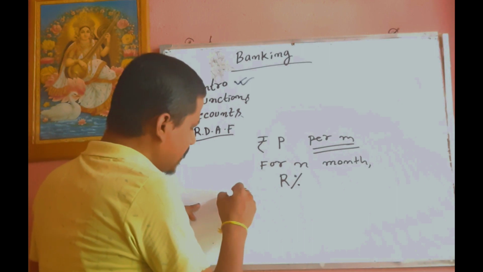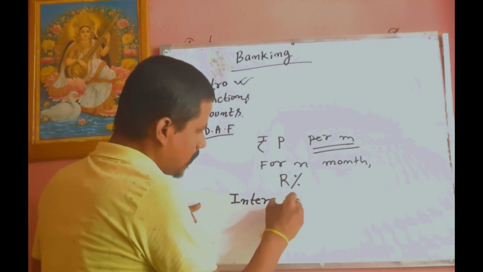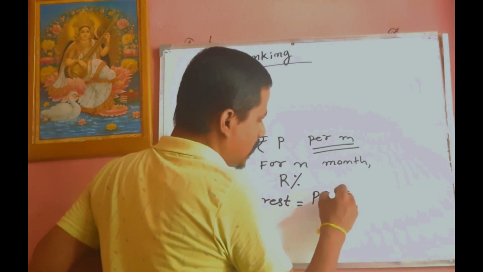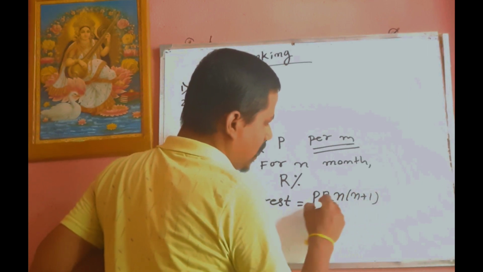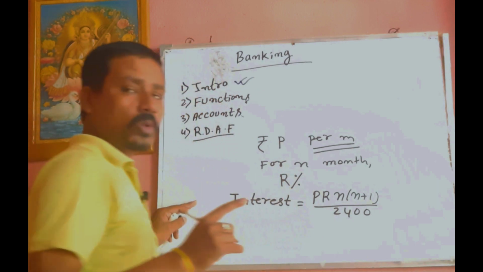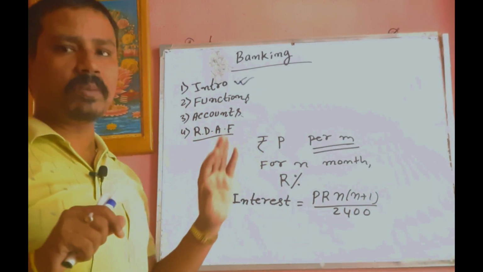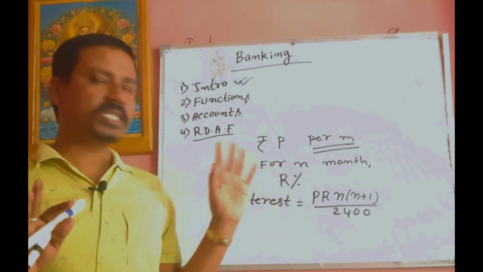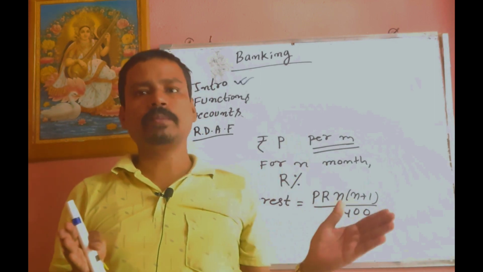Then the interest will be P into R into n into (n plus 1) divided by 2400. This is the formula to find the interest for depositing that money for n months at a rate of interest R%. So it is an important formula for the board exam as well as competitive exams.